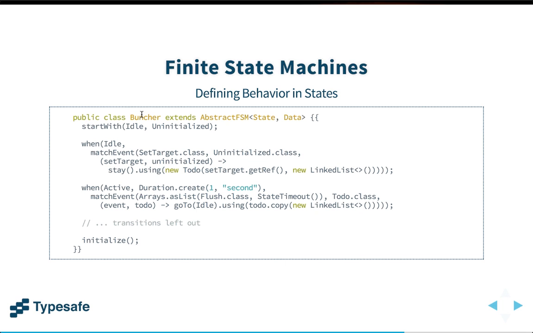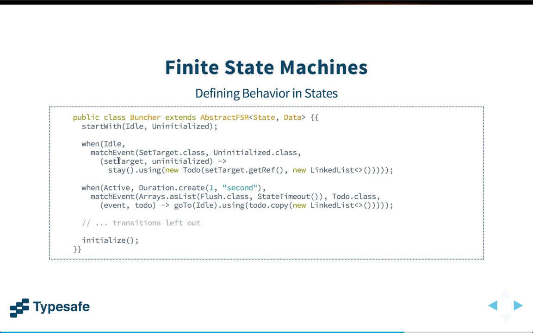That this is a guy. It's called a buncher. This abstract FSM, finite state machine. He basically gets messages, and he will send them out in a batch, either after a fixed time or when he gets a flush message. So we say that he should start in the idle state, and he's initialized.